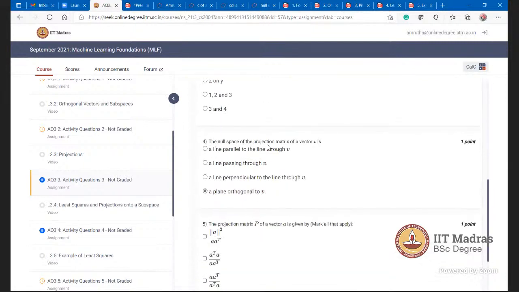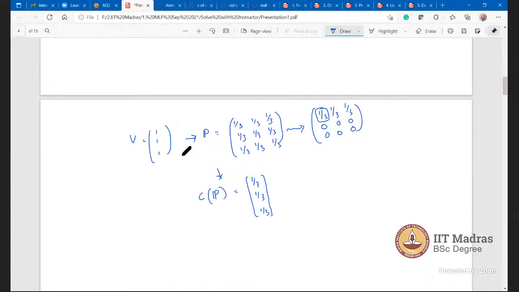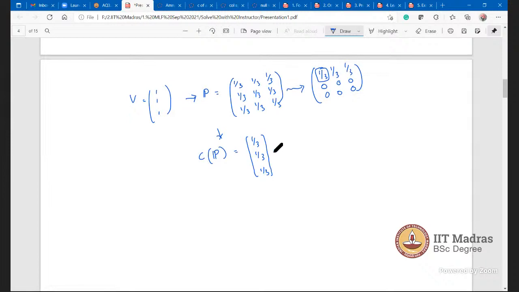Now the null space of the projection matrix of a vector. Let us return to the first calculation here, where we considered the same vector. For this, we obtained the column space as a line passing through V. How do we find the null space? From this reduced form, we have to find the solutions of the equation, that is, the vectors which lead to Ax equal to 0.